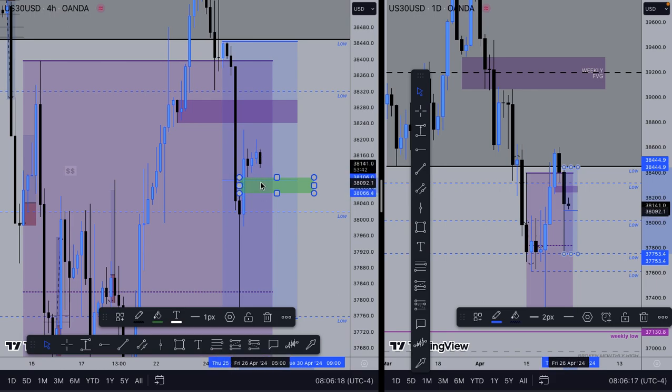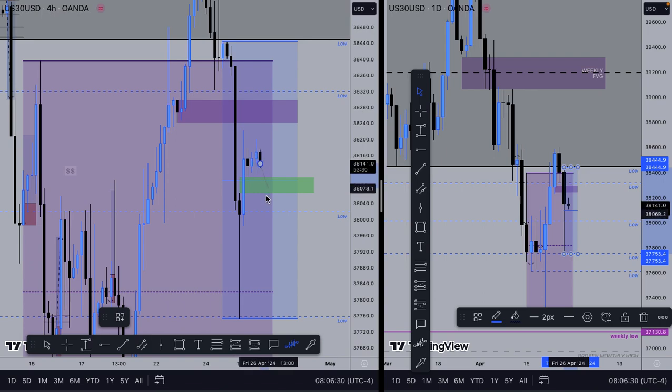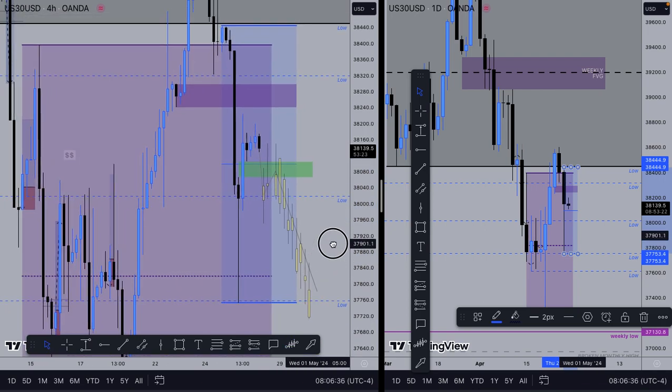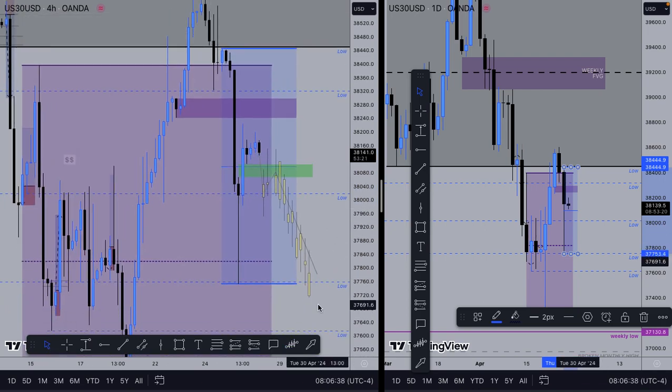So I can expect price to play into this area. Personally, I want to see it disrespect this area and close below it, retest and come back down. So what I want to see is something like this. That's what I want to see, something like that, and then continue down to close off the week bearish, right?